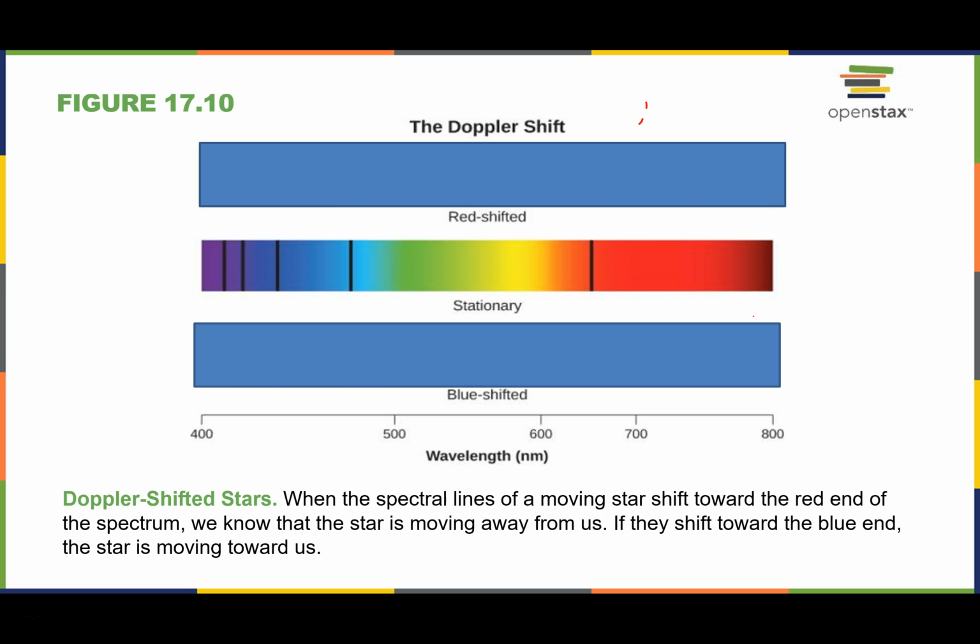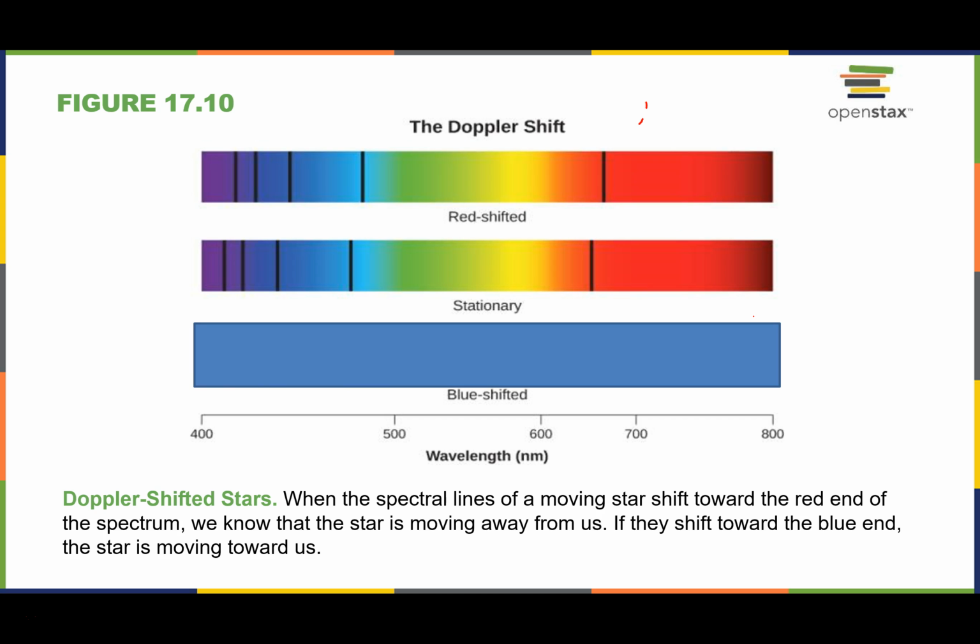Well, we can look at that shift if we look at the lines. Okay, here we go. So the middle one is normal. The middle one is not moving at all. How would you explain the difference here? If I call this A, B, and C, the horizontal lines, what's the difference between A and B? Toward the red side. It moved a little bit towards the red side.